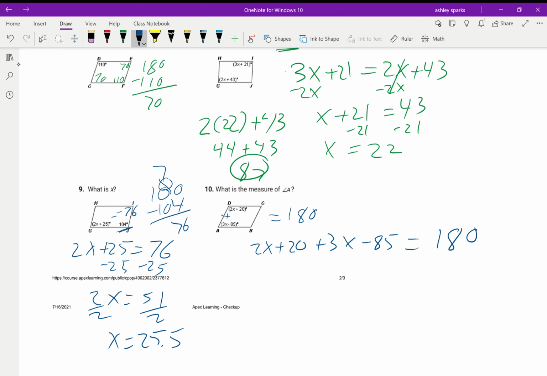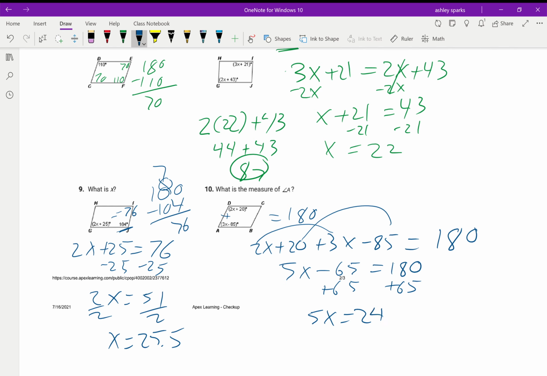So combine your x's. 2 plus 3 is 5x, and combine your numbers. So we're doing like terms. 20 minus 85 would give me negative 65 equal to 180. We're going to solve, so we're going to add 65 to both sides. At this point, we should be at a normal two-step equation. So I get 5x equal to 245, and we're going to divide out our 5.